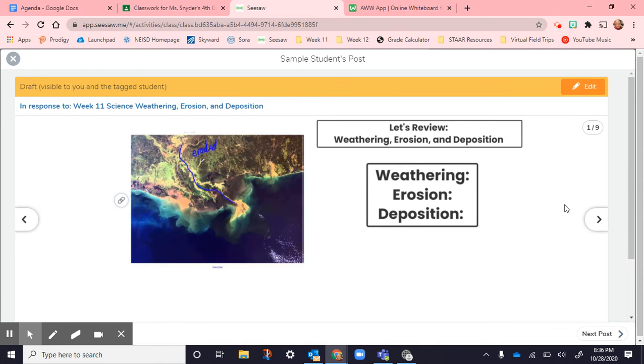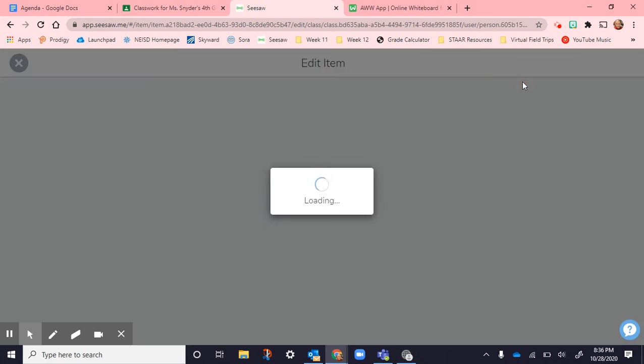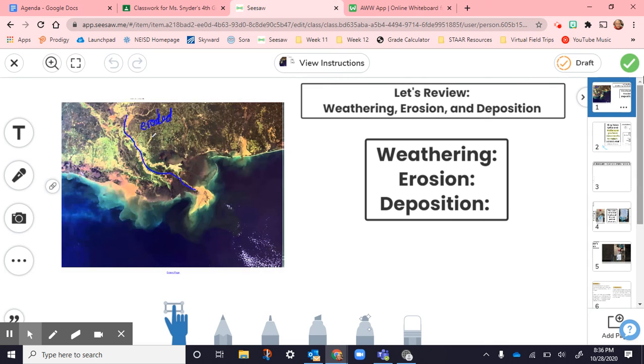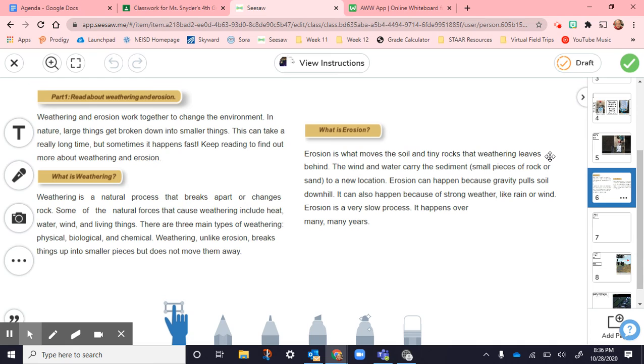All right, so each day we've been working on a section here. All right, so today we read this information just to review weathering and erosion.